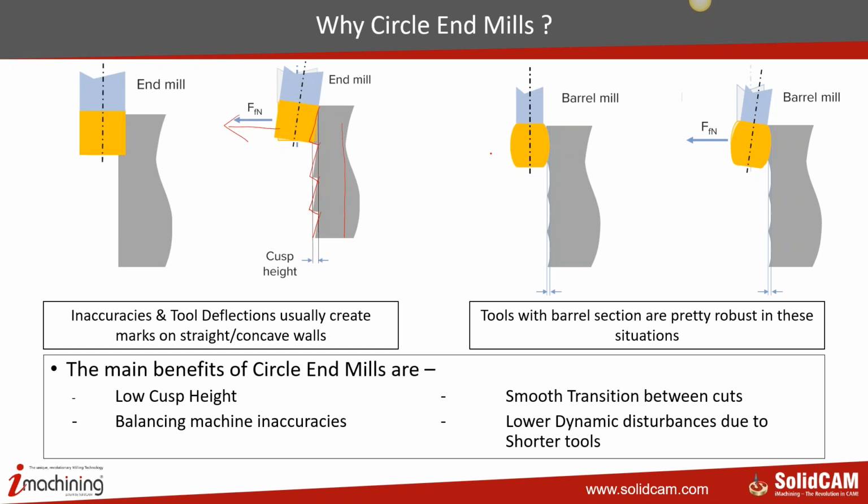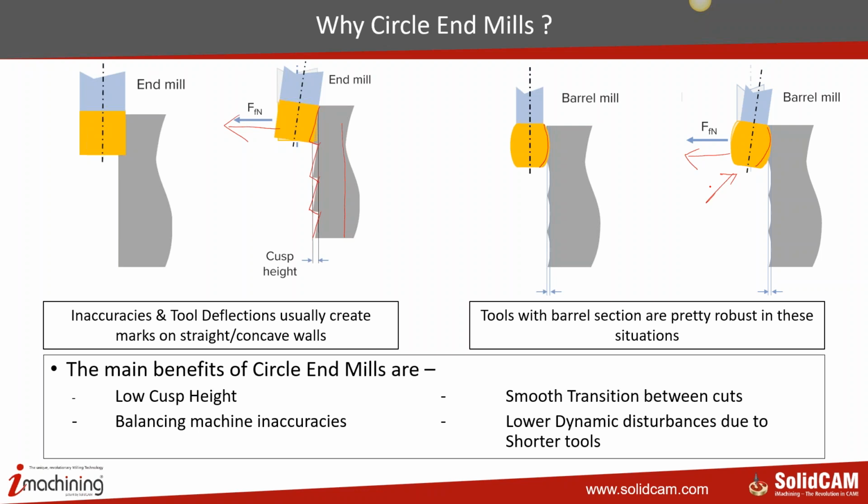Barrel mills are also prone to these vibrations and inaccuracies, but because of their shape, even if it gets a vibration or inaccuracy in this direction, because of the radius in contact, the same portion of the tool still is in contact with the surface. So the inaccuracies that creep in because of dynamic imbalances during cutting are very, very small when using barrel mills, so it can generate a low cusp height.